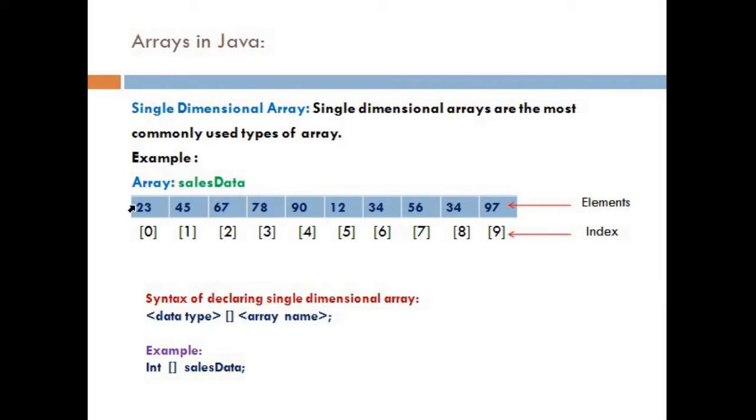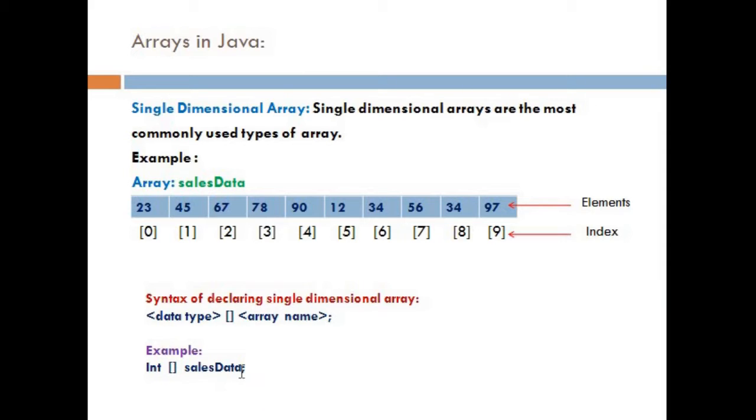And if the array does not contain any elements, then no memory shall be allotted to the array. Now this statement, that is int box sales data, just declares an array variable by the name sales data of int as a data type. This statement hasn't initialized the array variable called sales data with these elements.